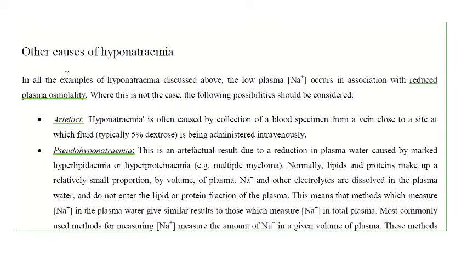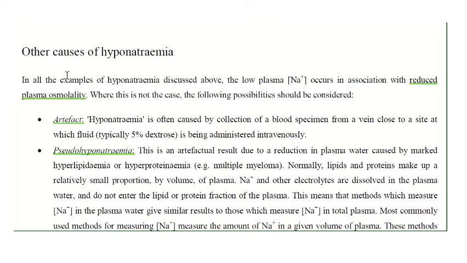In all the examples of hyponatremia discussed above, the low plasma sodium occurs in association with reduced plasma osmolality. يعني احنا بكل الexamples اللي أخذناها الهايبوناتريميا اللي ناقشناها the low plasma sodium occurs in association with reduced plasma osmolality.